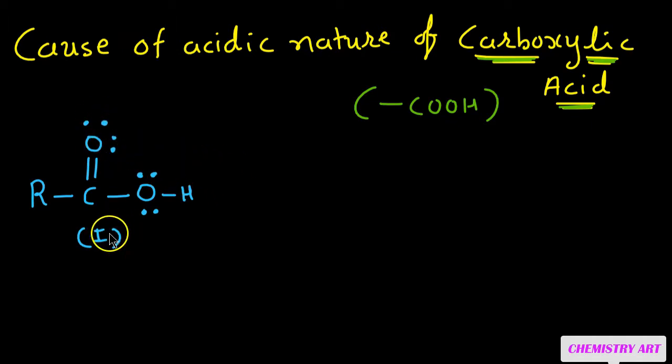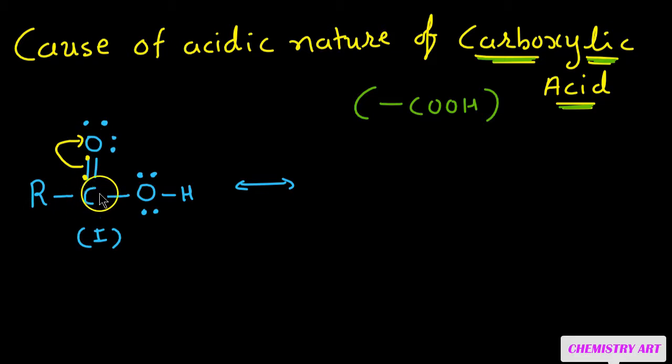So this is, suppose, structure number 1, and I am drawing another resonance hybrid here. How can another structure form from this first structure? Let me show you. Here carbon is bonded with oxygen by a double bond. So the double bond will break, one bond will break here, and the electrons from this bond will move towards the oxygen.